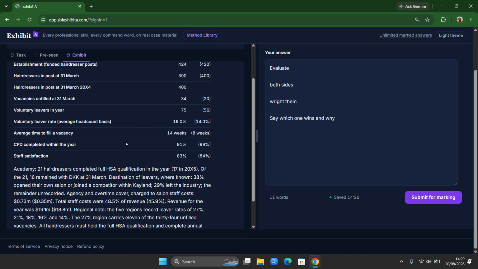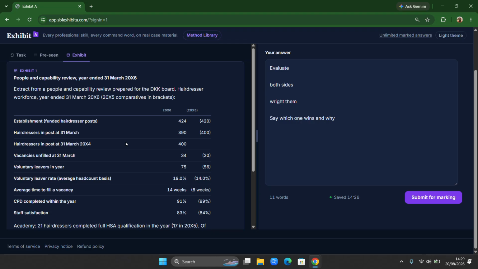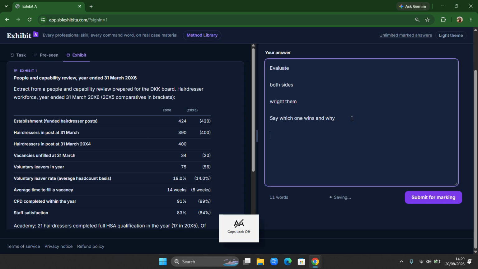I'm not going to read it all out to you, you're free to have a go yourself. But the key evidence from this exhibit is: funded posts 424, in posts 390. The leaver rate was 14%, and it moved to 19.